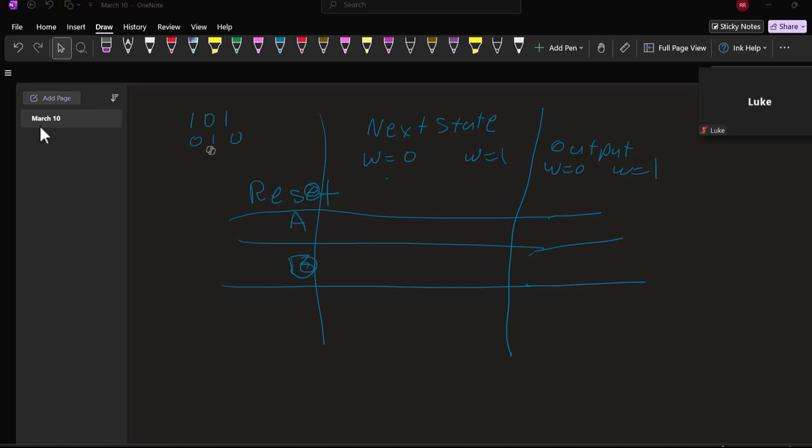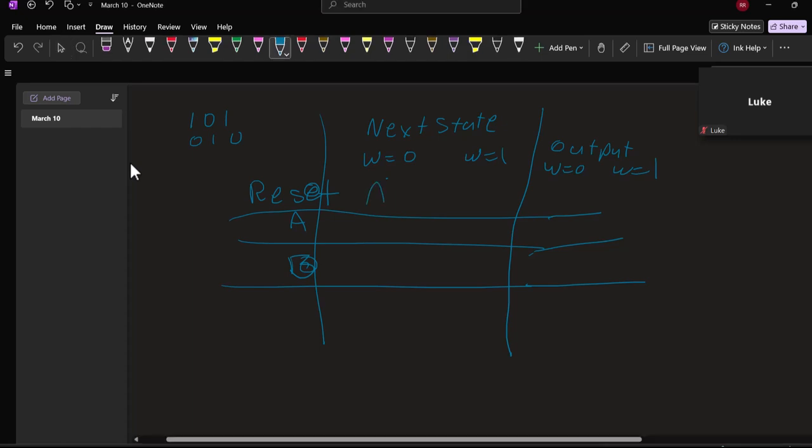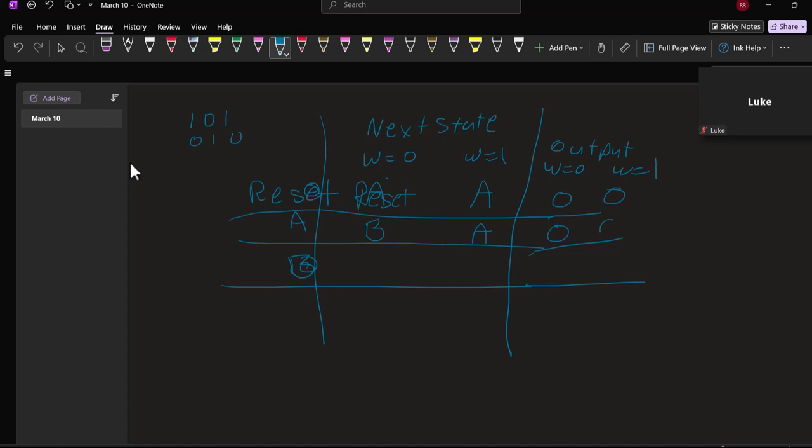Okay, so when we were in the reset state, if we got a 0, we went to state A. If we got a 0, we stayed in reset. And if we got a 1, we went to state A, and no matter what, our output was 0. If we were in state A and we got a 0, we went to state B. If we got a 1, we stayed in state A, and our output was 0.